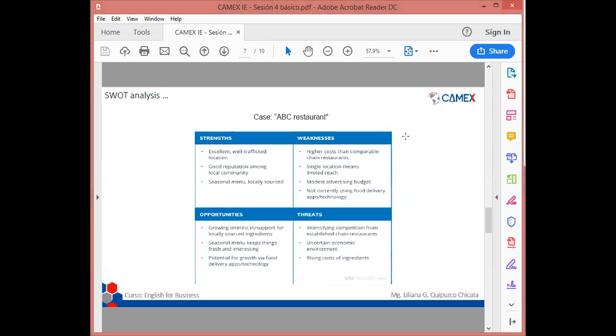And finally, we can talk about the potential for growth via food delivery and app technology. Every day we see that people nowadays have a really high interest in buying via a cell phone and using apps.